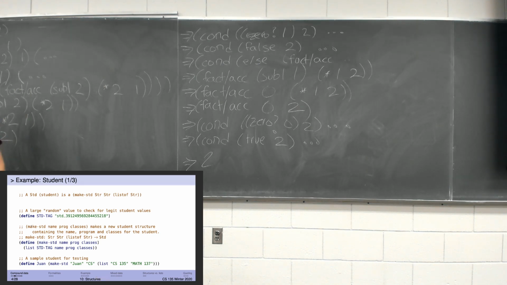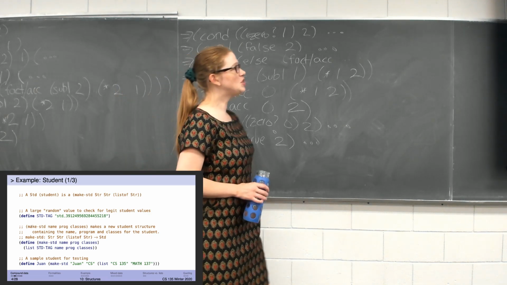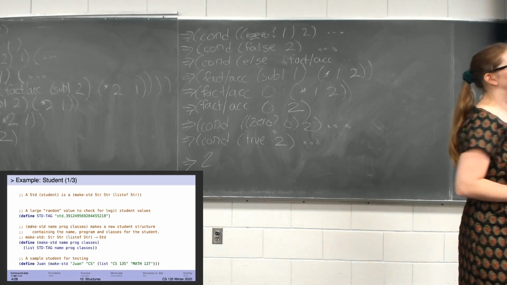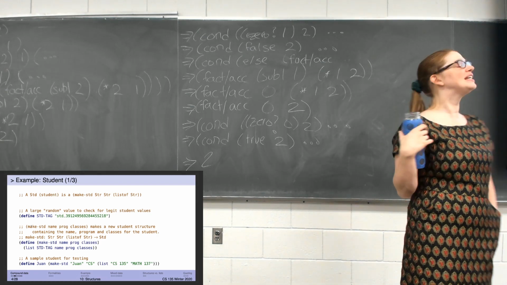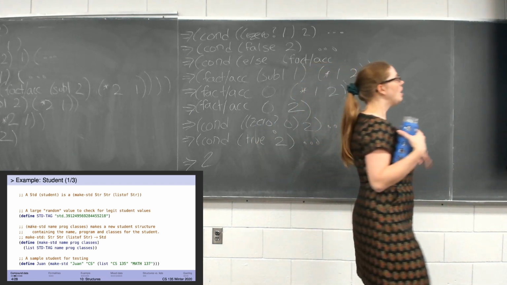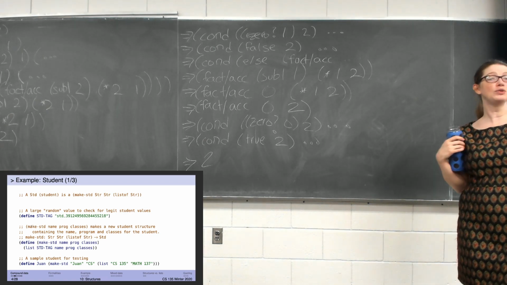So we're going to start with this rather curious looking data definition. Our data definition says a student is a make-student, string, string, list of string. That's really weird. But what that actually is, is the constructor. So let's go down here. This is our constructor for our student.